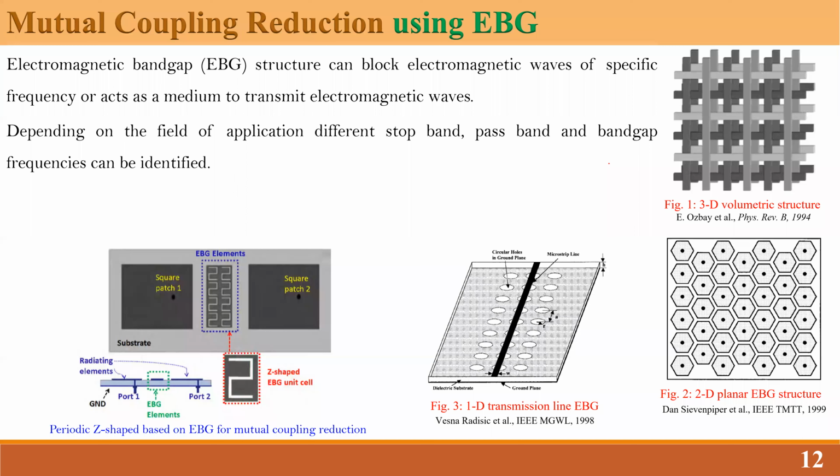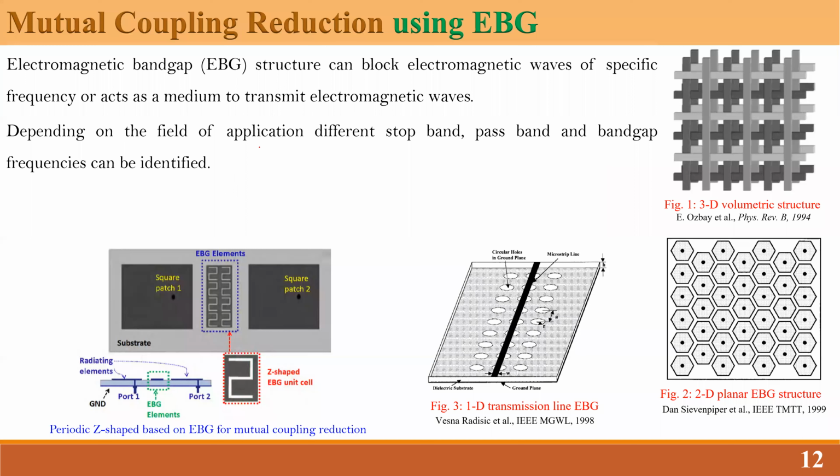EBG is the 5th one. Here we will be spending more time on the EBG, and I will show you, taking one of the examples or techniques, how to design or get good mutually decoupled antennas for MIMO applications. Now, first of all, what is EBG?